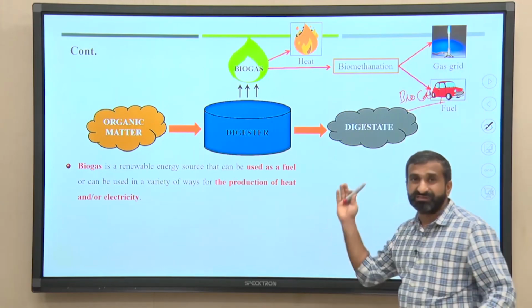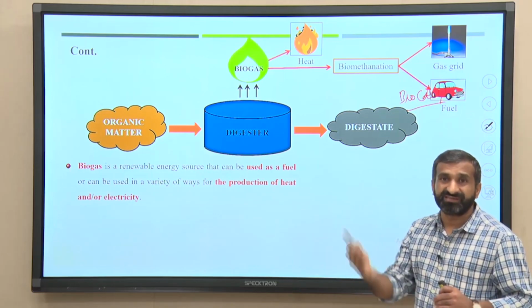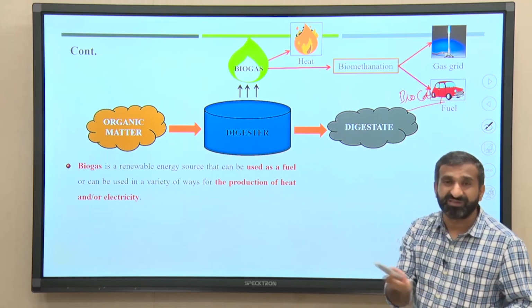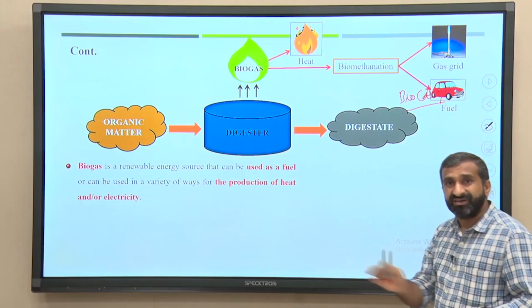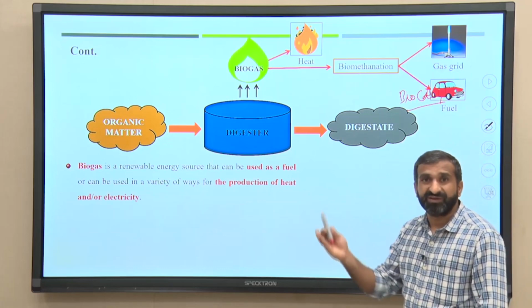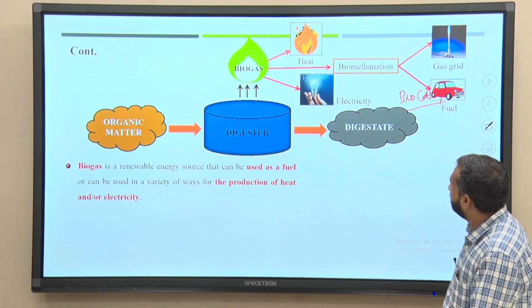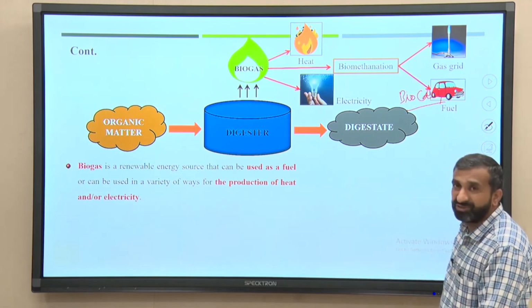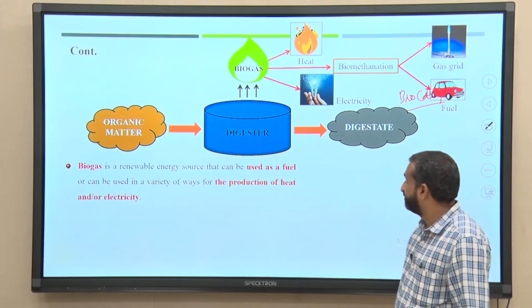Through biogas also, if you are able to remove the carbon dioxide and other gases like hydrogen sulphide, hydrogen or ammonia, and come up with a methane percentage of 95 to 98%, it can also be used as fuel. The same biogas can also be used for electricity or power production.